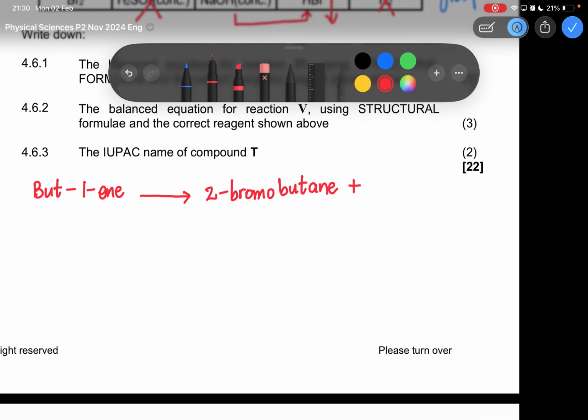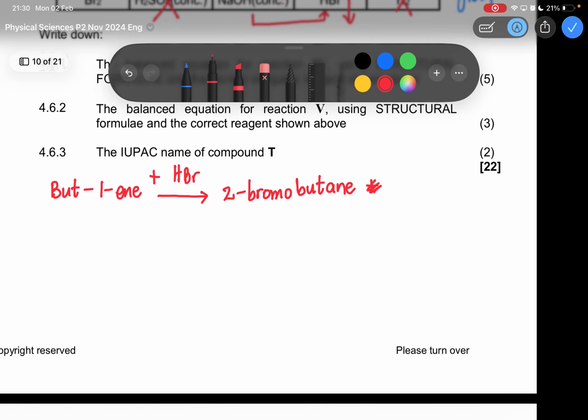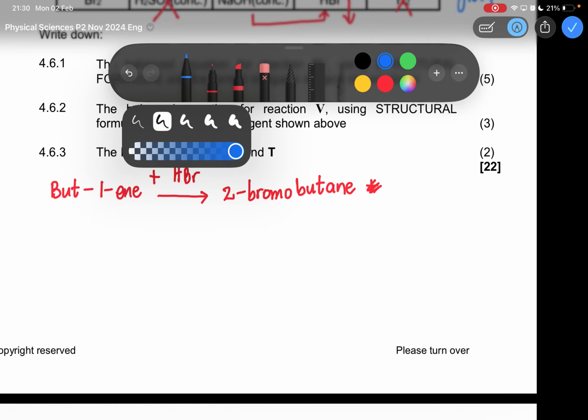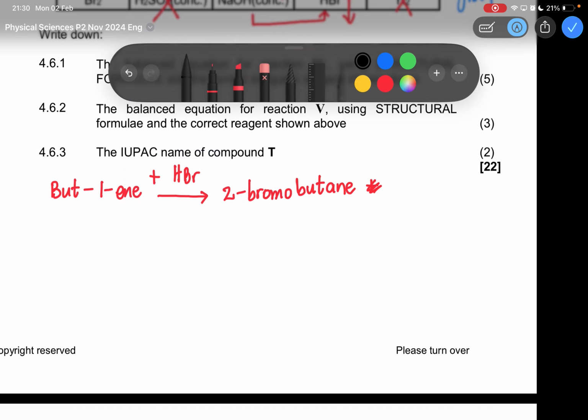So it's addition. We're adding something here, so we're adding HBr. Then we need to write a balanced equation for that. Then maybe this will also make sense why I've chosen the 2-bromo.